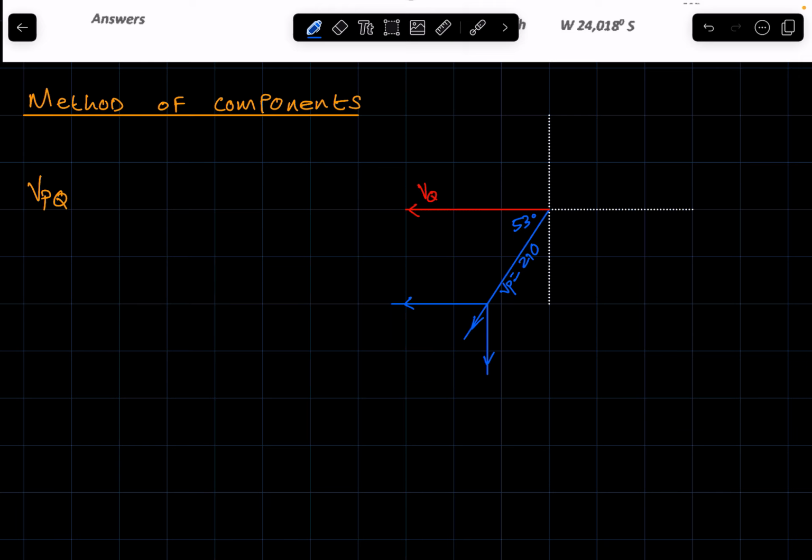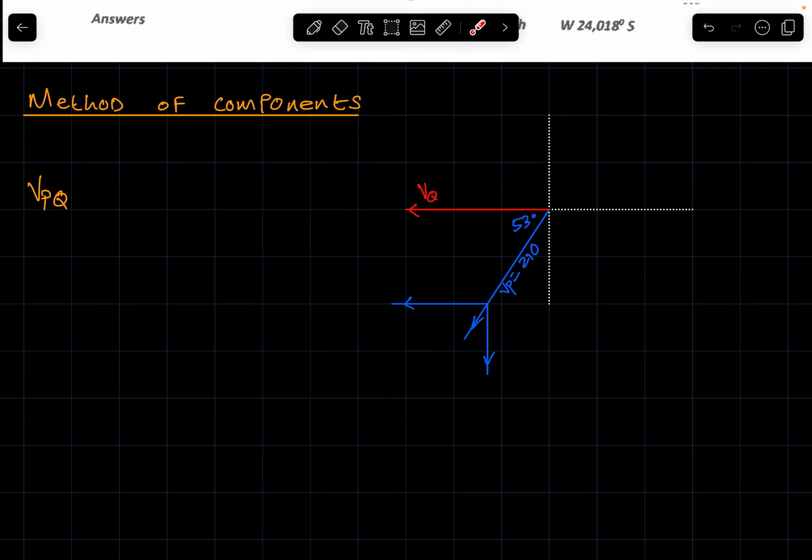Another way to look at it is that in resolving an oblique vector into its components, you essentially have three vectors: the oblique vector and its components. This point here is the point of intersection, and the direction of each vector must be such that it is going away from this point.